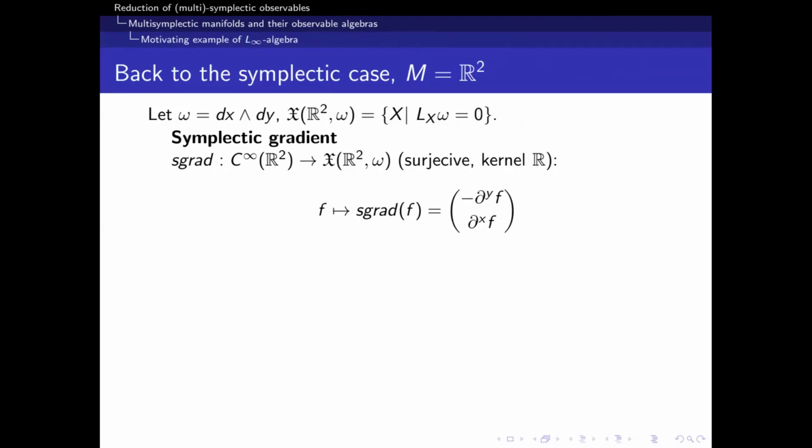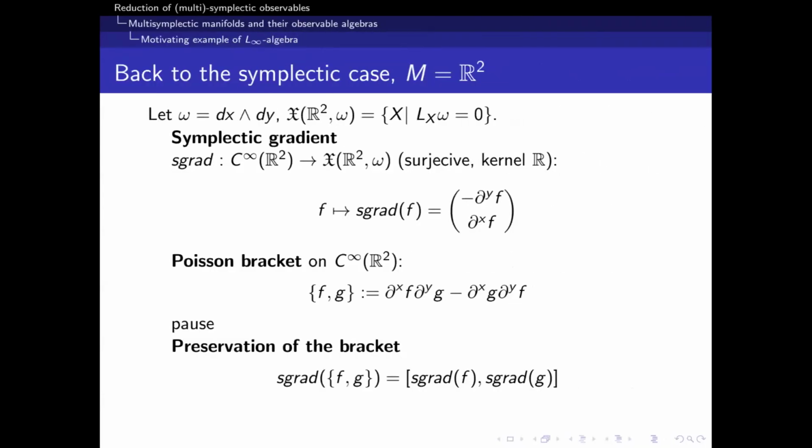When we want to understand those vector fields, we notice that preserving omega is not a super easy condition. What would be easier is to just look at functions which induce such vector fields. There is a way how any function does. It's exactly this f goes to X_f we had before, which one could call symplectic gradient. And one defines the Lie bracket on the functions, which is compatible with the symplectic gradient.